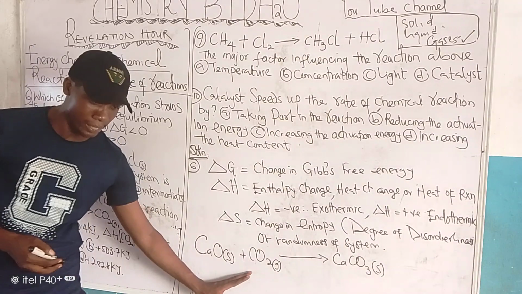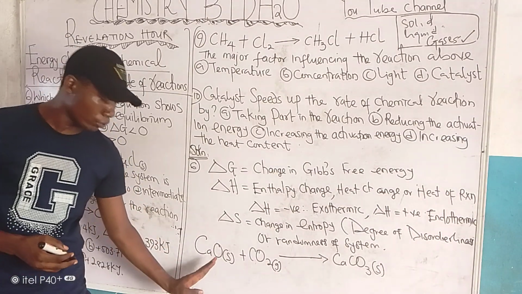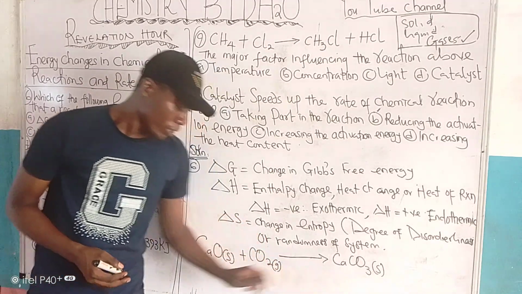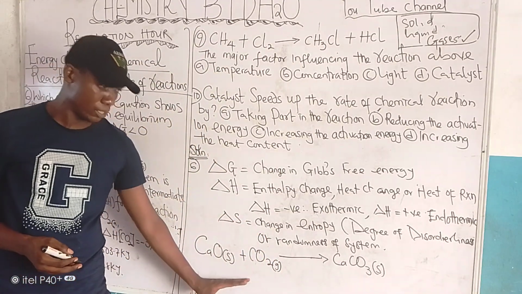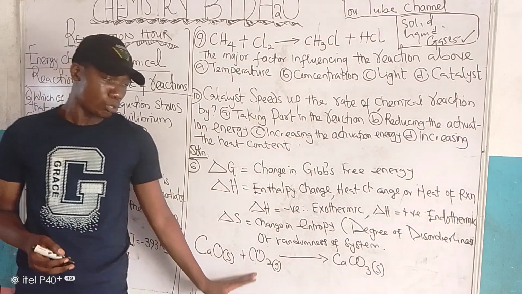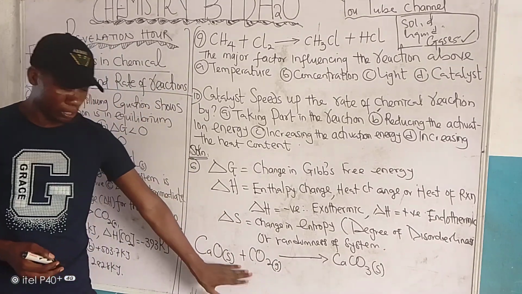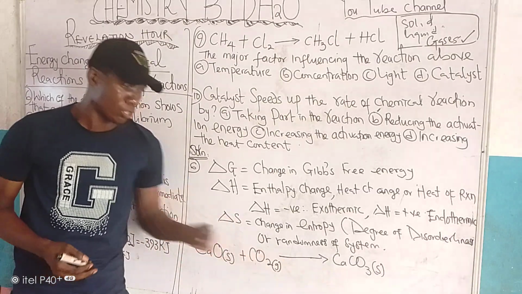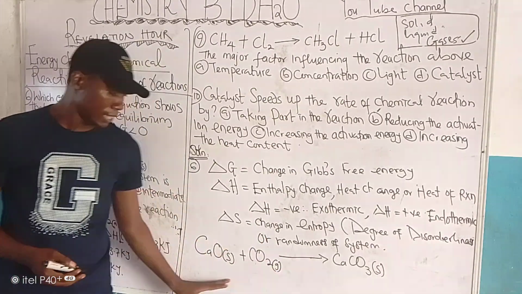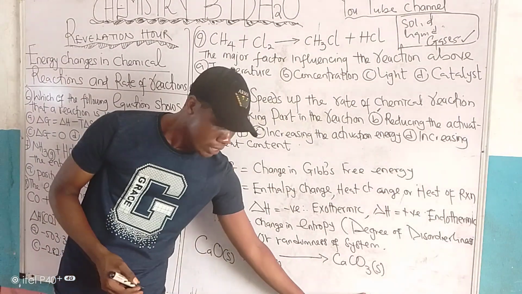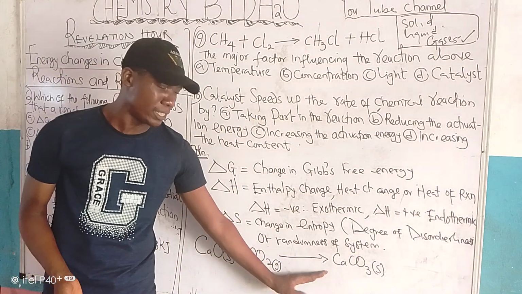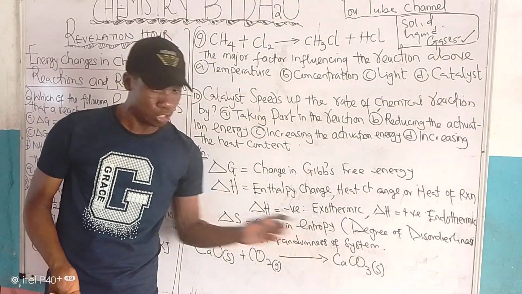Since you have gas here and gas is absent here, it means that it has changed from a mixture of solid and gas to solid. So this side is more disordered than this because this is just solid. So if you move from a mixture of solid and gas to solid, it means that the entropy has decreased because gases are more disordered. And if the entropy has decreased, it is called a negative entropy.